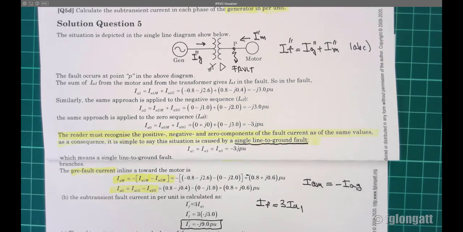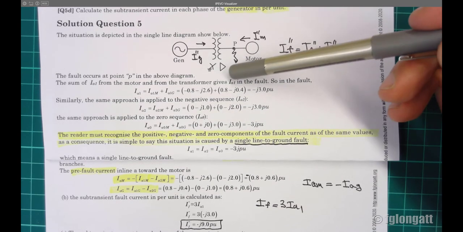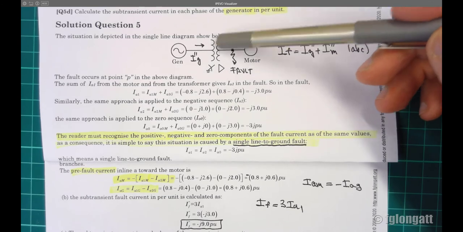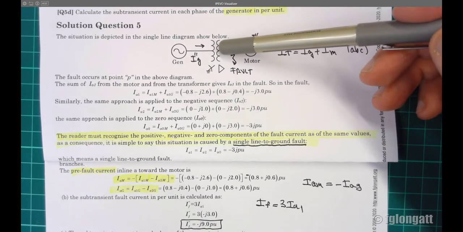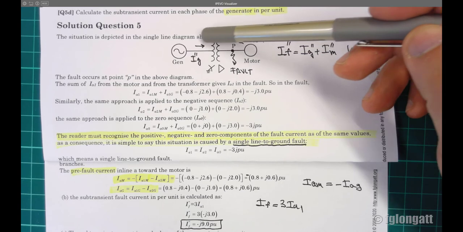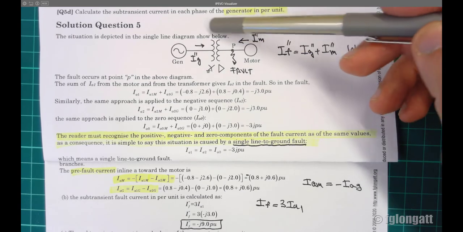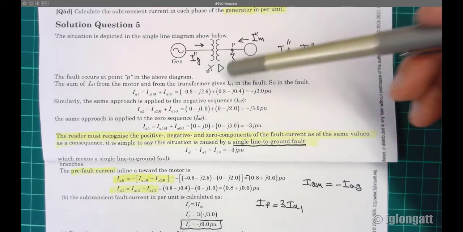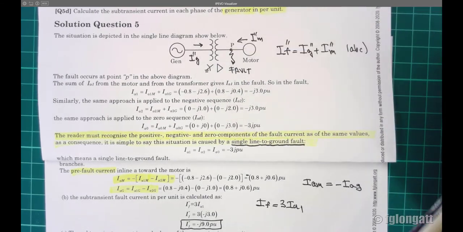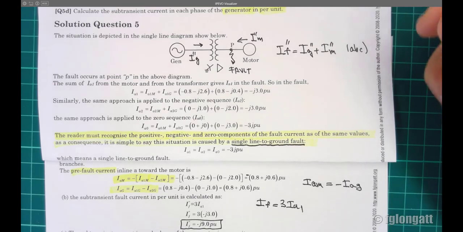The fault is happening here, and we know the symmetrical components in this side of the generator, and what we need to do is move those symmetrical components to the other side, okay? But because this is a star to the transformer, they are a 30-degree phase angle change.